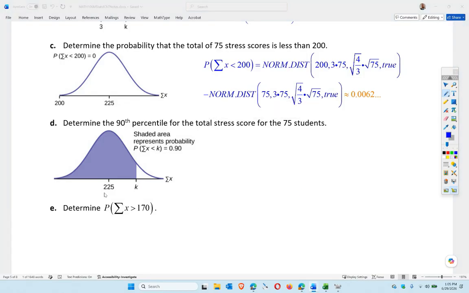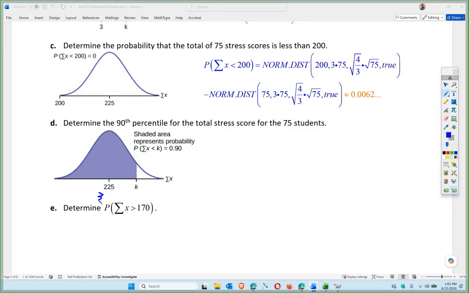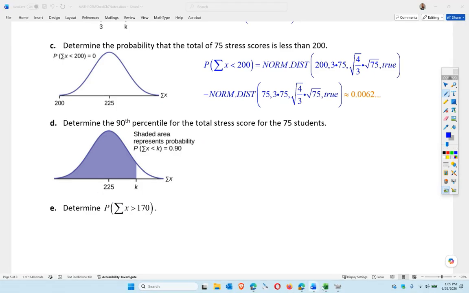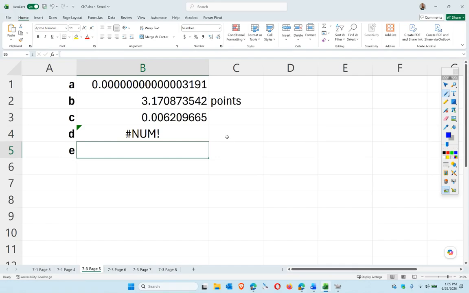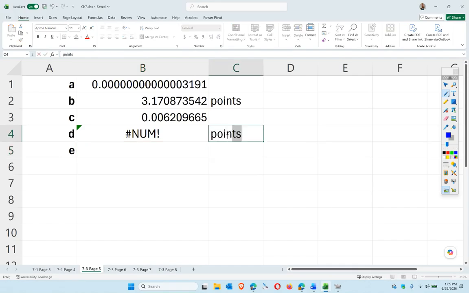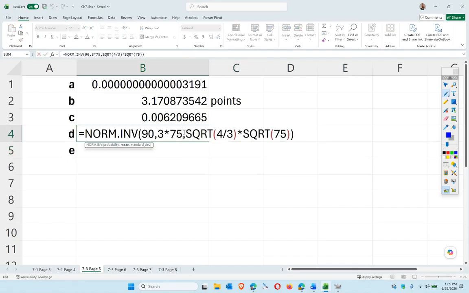So if I add up 75 students, 3 at 75 is 225. That's the average. So the 90th percentile is above average. So this should be more than 225 if I add up 75 students and we're in the 90th percentile of samples. So if I do that, what did I do wrong here?